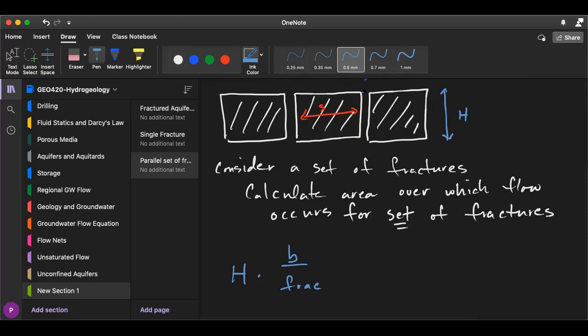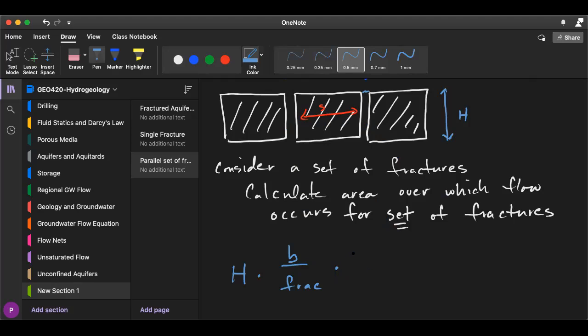Right, that's this, B. But it's per fracture here. The only reason I've put the per fracture here is that I've said these fractures are parallel and constant aperture. But I'll show you why I put it here.